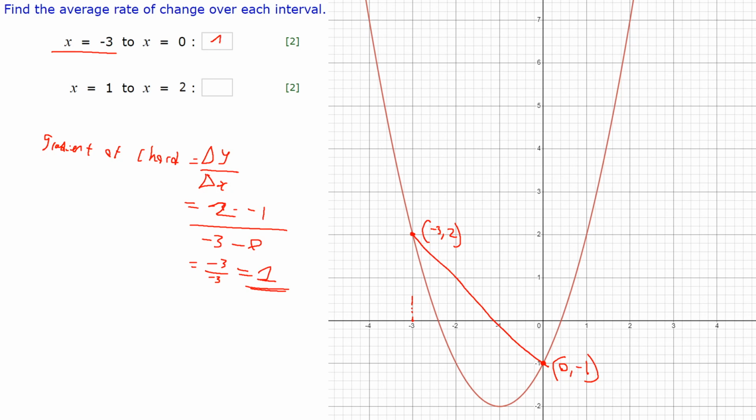So therefore the answer between x equals -3 and x equals 0 is a rate of change of 1.